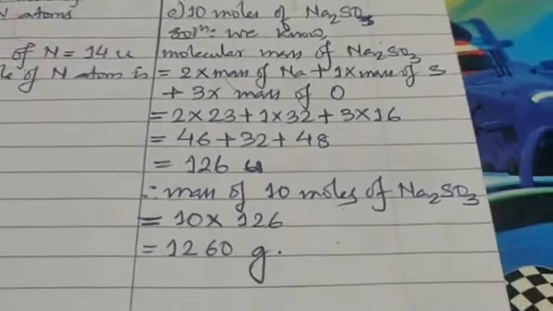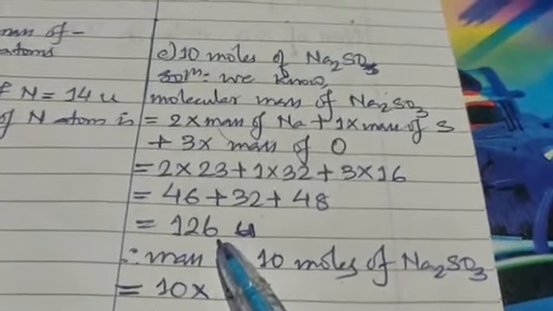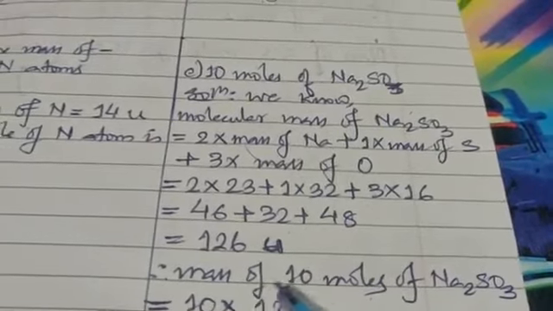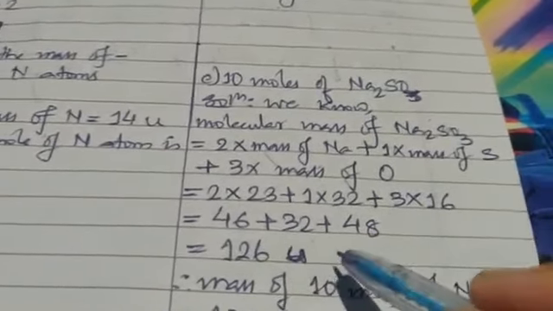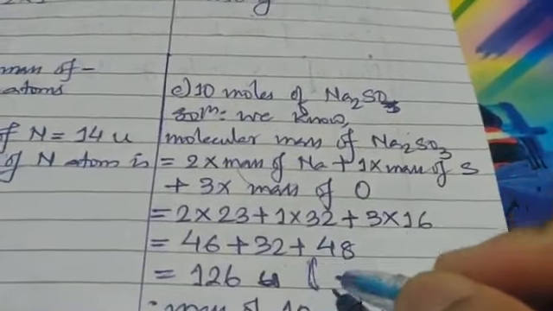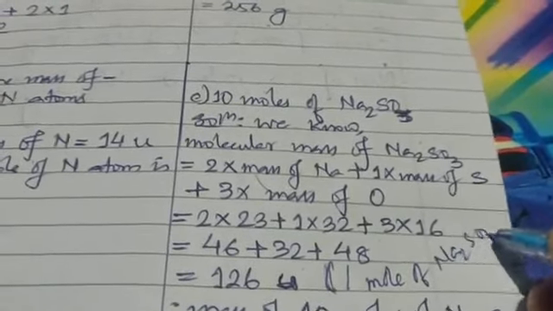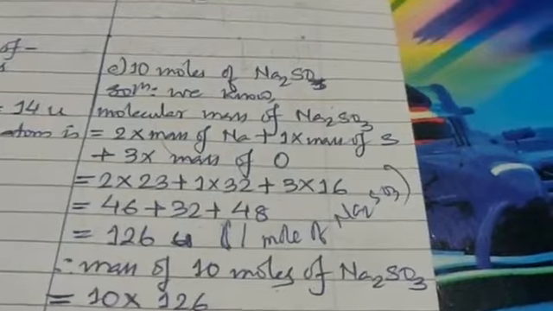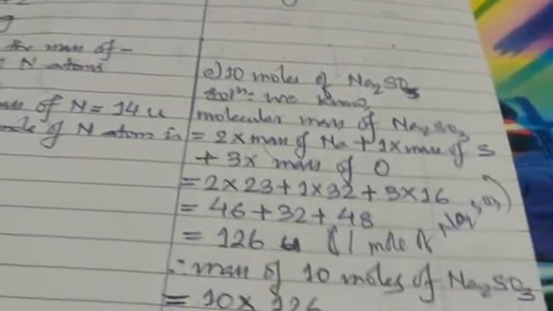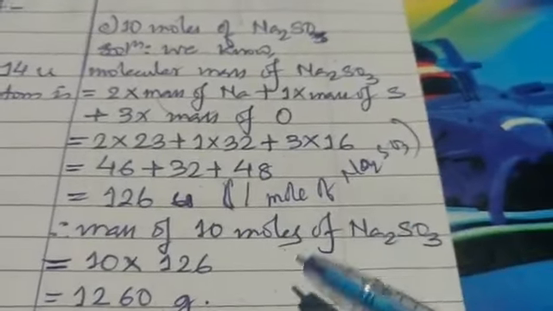You see the value that we have got here. This is 1 mole of sodium sulfite, Na2SO3. Now I repeat, this is 1 mole of Na2SO3. And if this is 1 mole of Na2SO3, then what will be 10 moles of Na2SO3?